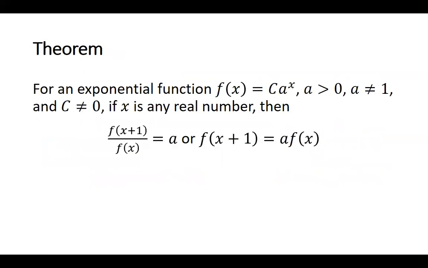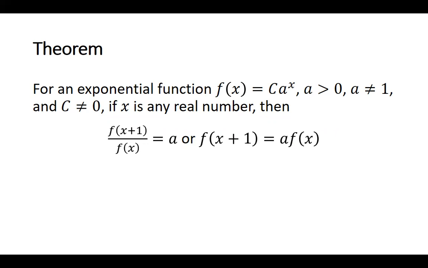For an exponential function, f of x is equal to c times a to the x, a greater than 0 and a not equal to 1, and c not equal to 0, if x is any real number, then f of x plus 1 over f of x is equal to a. Let's look at that again.